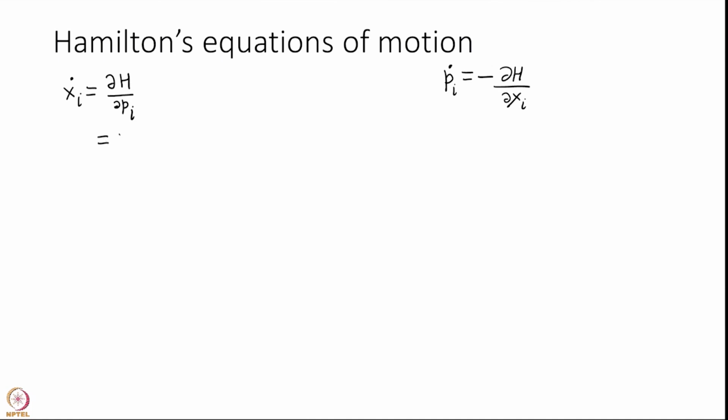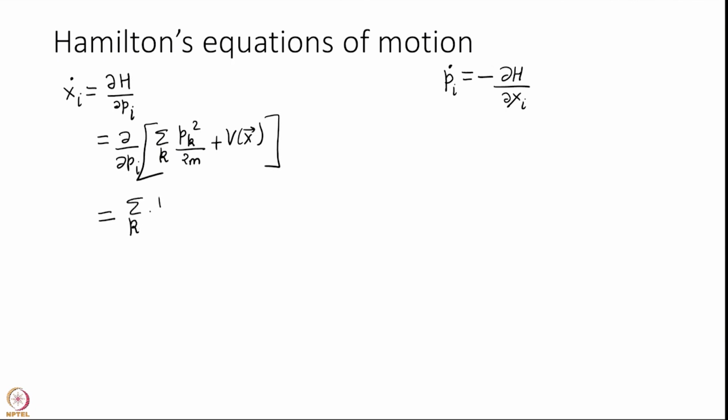So, we will insert that and find del over del pi. We will just use a different summation index not to confuse ourselves. This is equal to sum over k of 1 over 2m del over del pi of pk square, plus del over del pi of V of x.